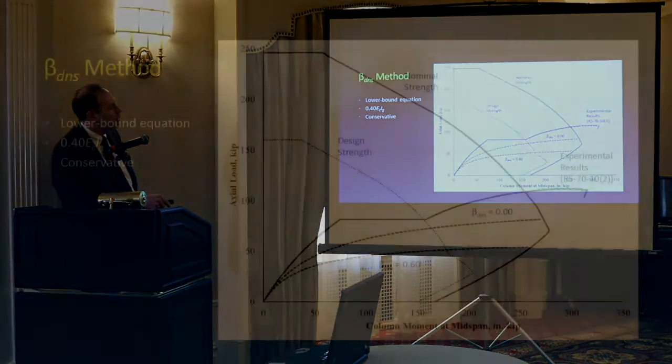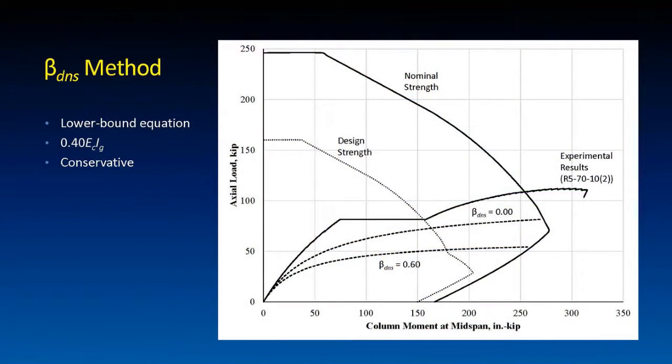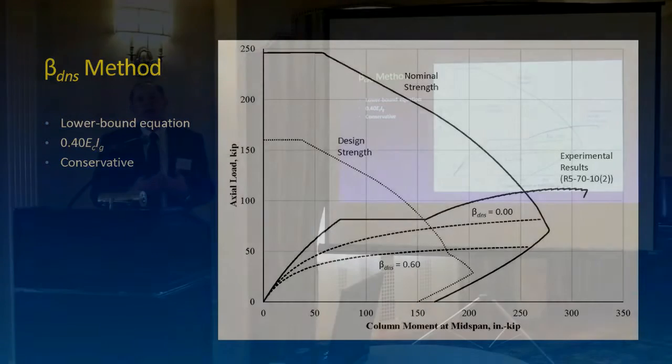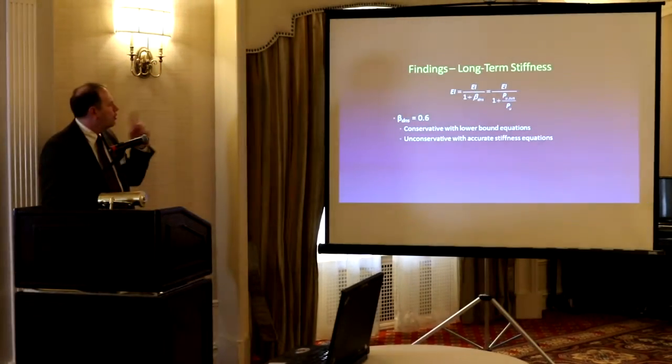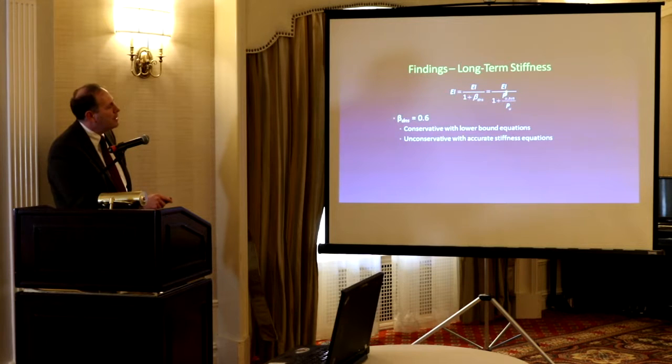And then if you take the 0.6, which they're doing, you get way lower, in terms of that behavior. So again, conservative is safe, but if we want to really push slender columns a little more to what their capacities are, we're really not able to make them as slender as we probably can. So for long-term stiffness, this may not be a bad approach.